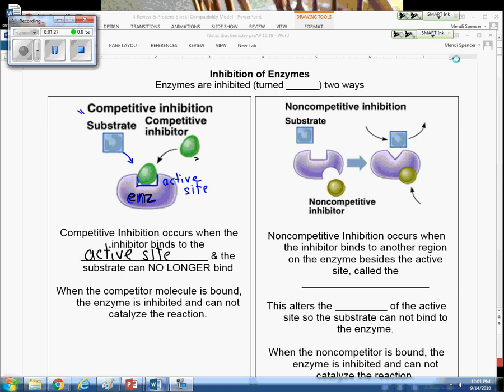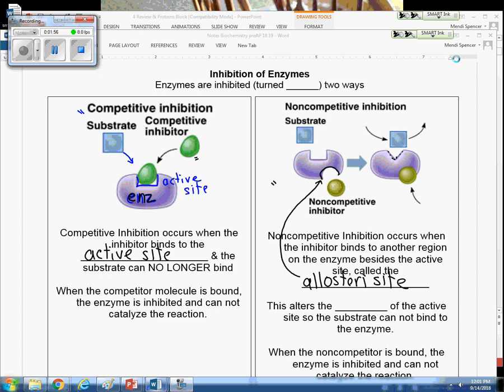Let's take a look at non-competitive inhibition here. We have two molecules. They're not going for the active site, though. The substrate would bind to the active site, but there's a different site over here on the enzyme, and this is called the allosteric site. That would be the allosteric site. When this inhibitor, the non-competitive inhibitor, binds to the allosteric site, you can see what happens to the active site here.